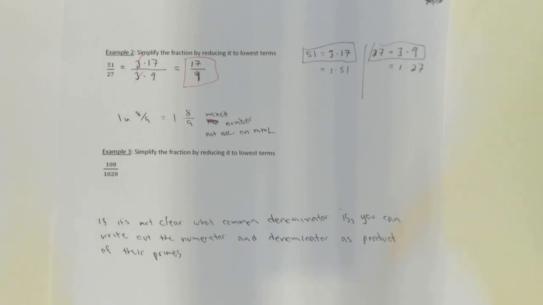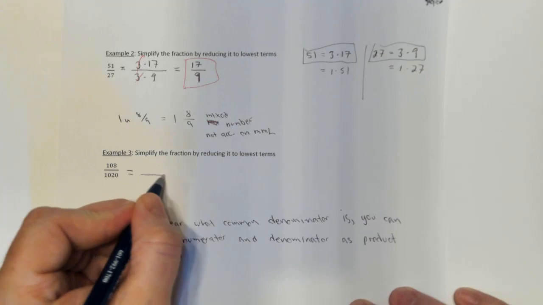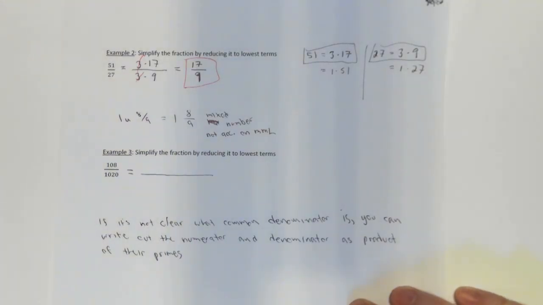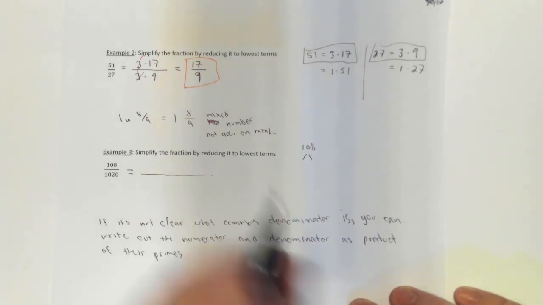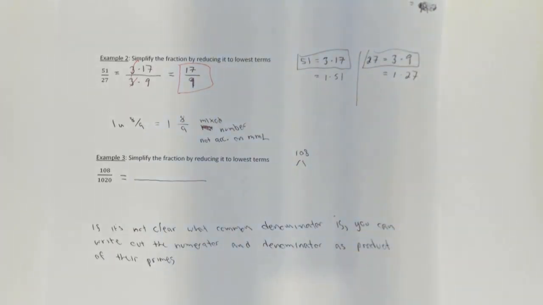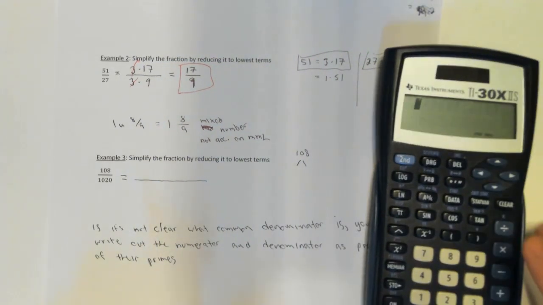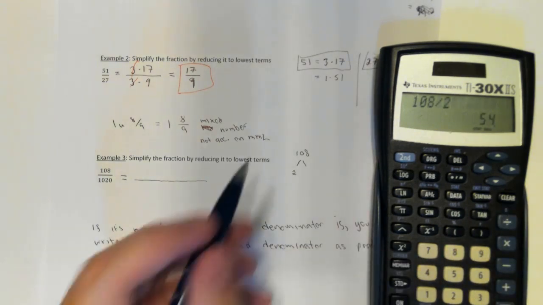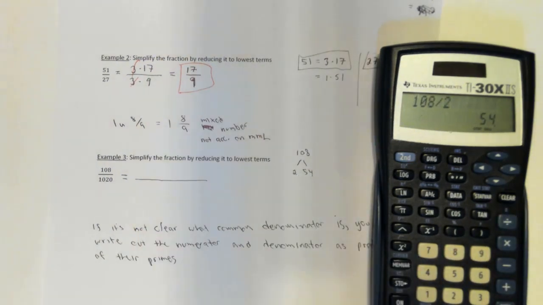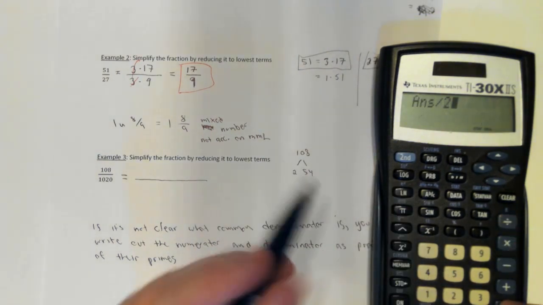All right, so how do I go about this? Well, I'm going to make a long bar here. 108. I do this little tree. We know that 108 is divisible by 2 because it's even. 8 is even. So 108 divided by 2 is 54. Personally, I just play this game until I don't have an even number. Divide that by 2.